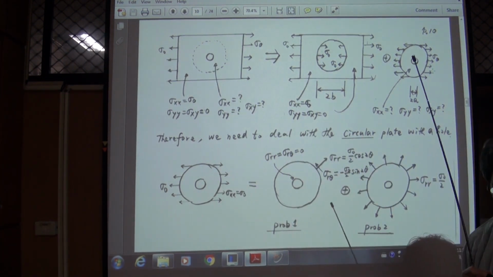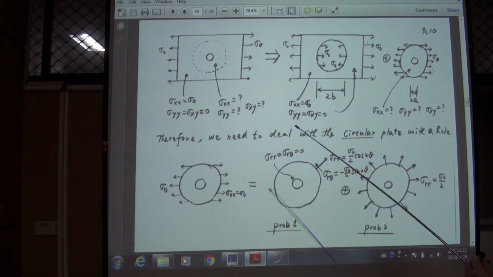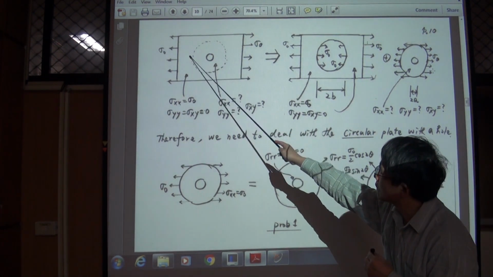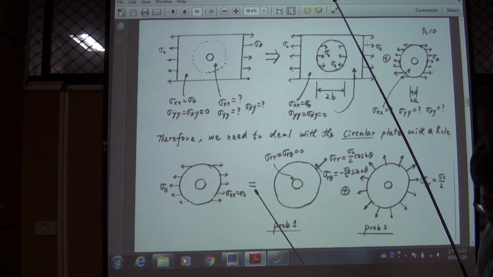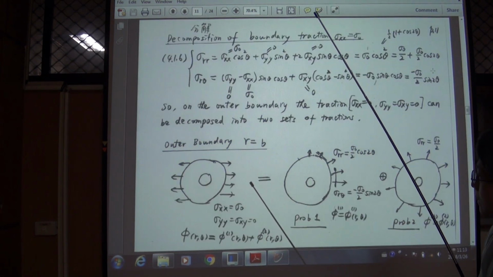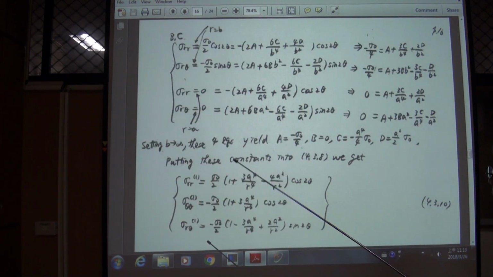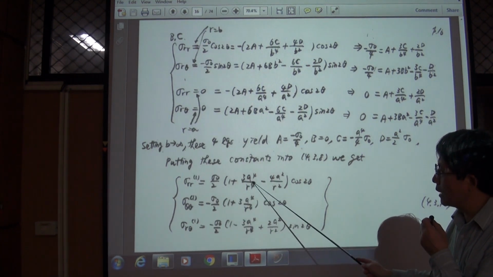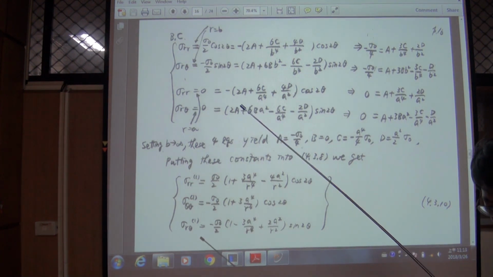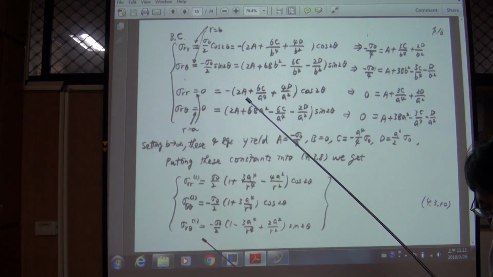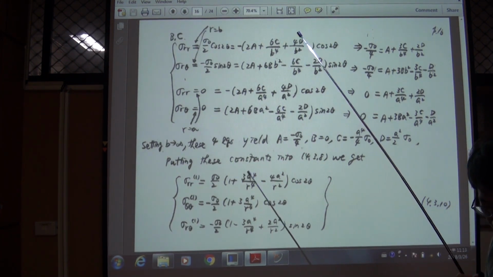So the value of little b shouldn't appear in the final result because there is no definite answer for the size of this free body. As a result, we have the stress component only expressed in terms of the radius of the little hole, which is equal to little a. Okay. Now we have already solved the first problem.